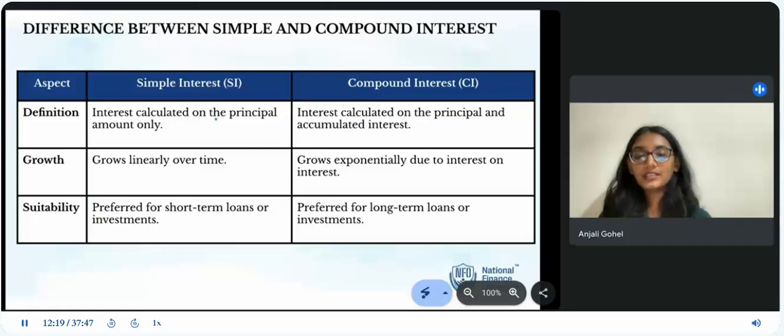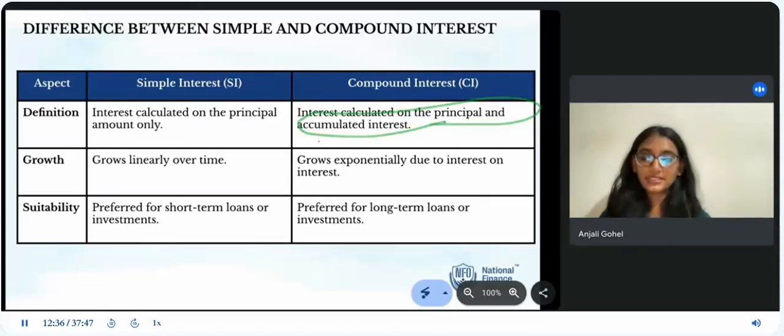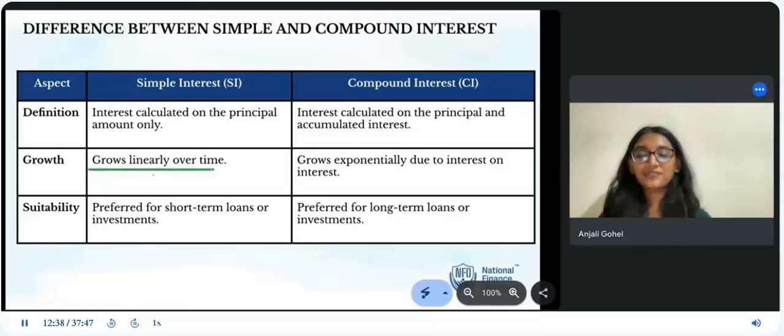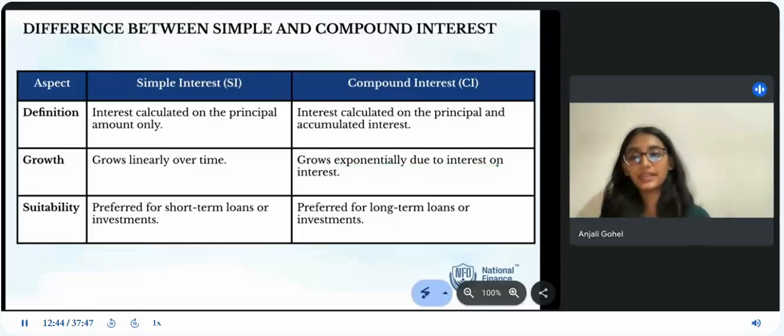Let's understand the difference between simple interest and compound interest. When we talk about the definition, of course, we know that simple interest is calculated only and only on the principal. But in the case of compound interest, it is on both the principal and the accumulated interest. Compound interest would show a higher growth when compared to simple interest.